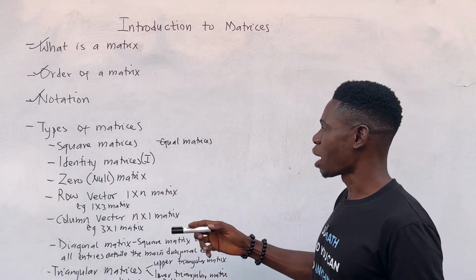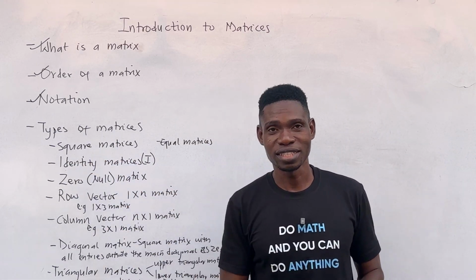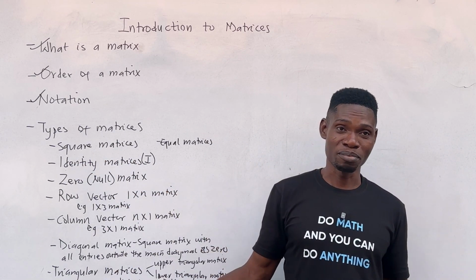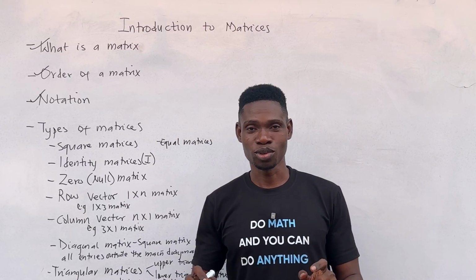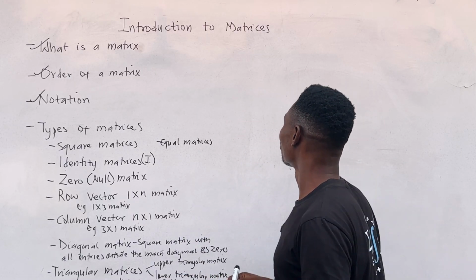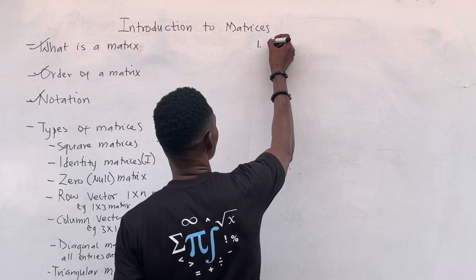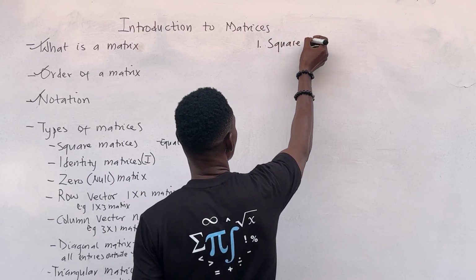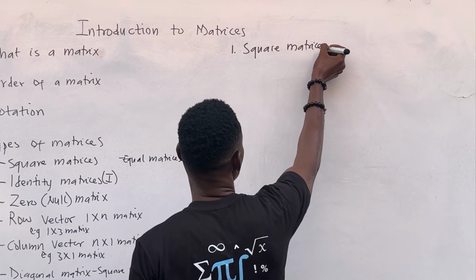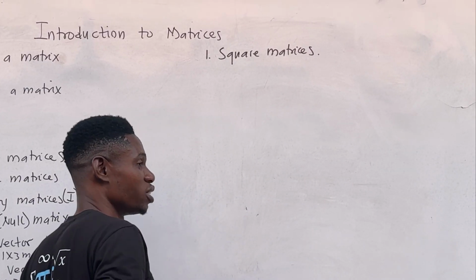Okay, so we'll move to types of matrices. There are many types of matrices, so let's look at the types quickly. The first one we'll look at is square matrices.